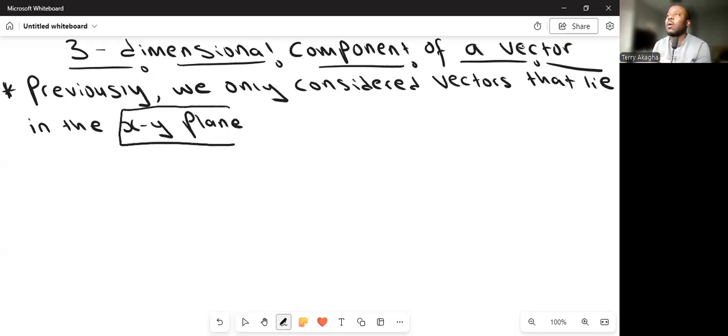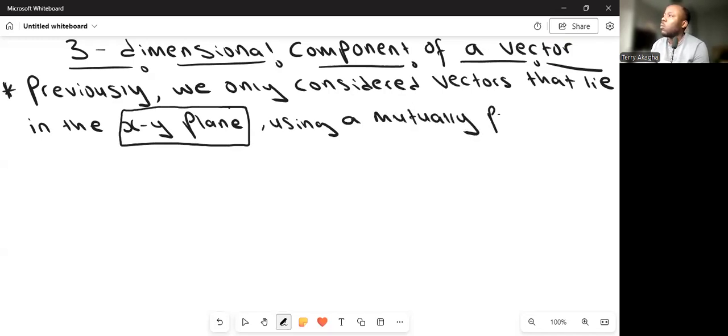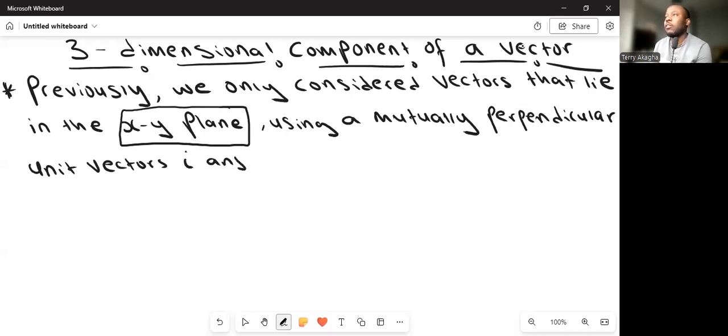So we talked about the x plane and y plane, and we did that using a mutually perpendicular unit vector. So we did i and j, right? So we talked about this as well.